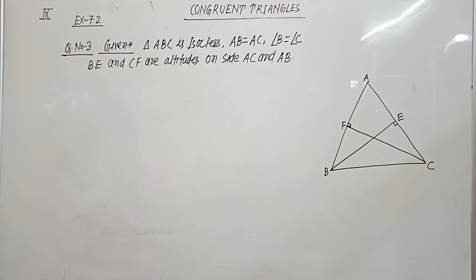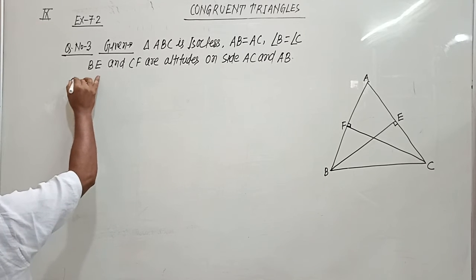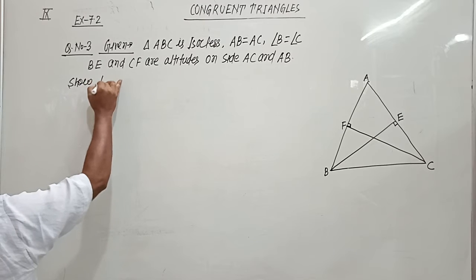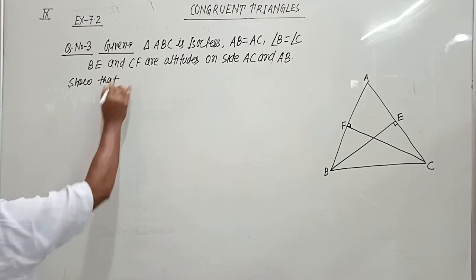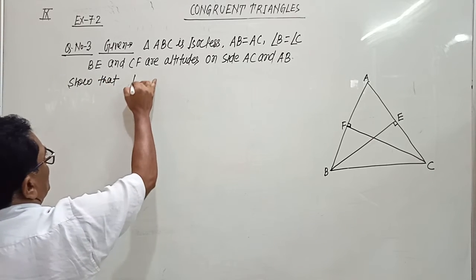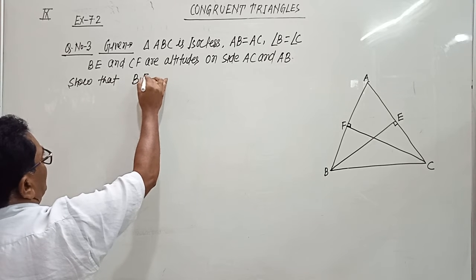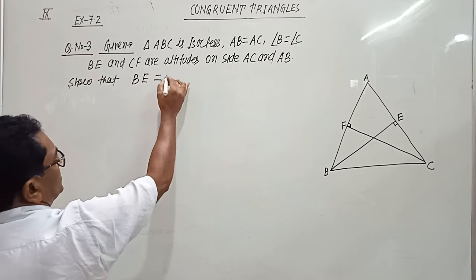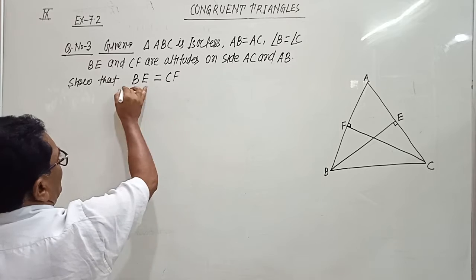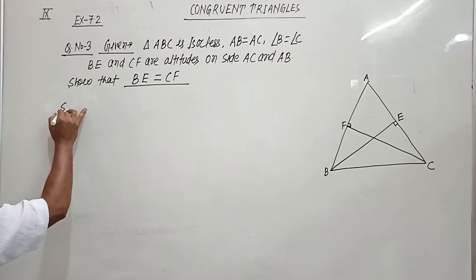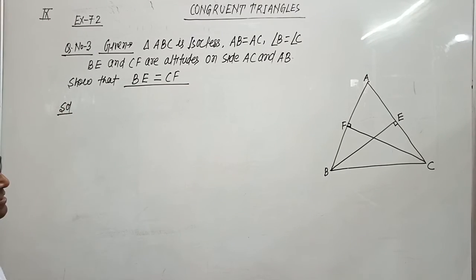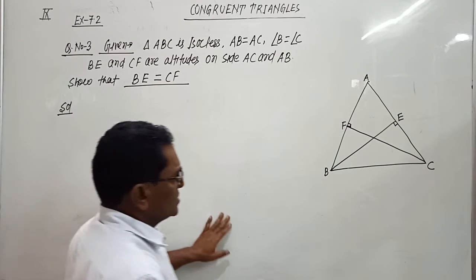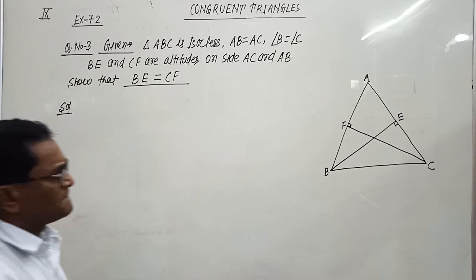Show that these altitudes are equal. Show that the altitudes are equal means we have to prove that BE equals CF.